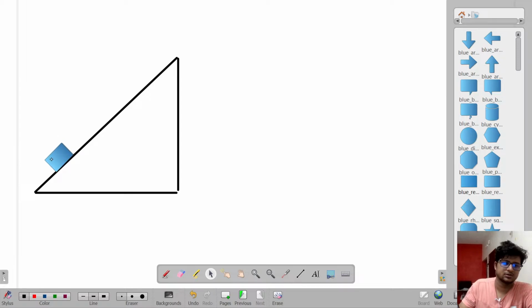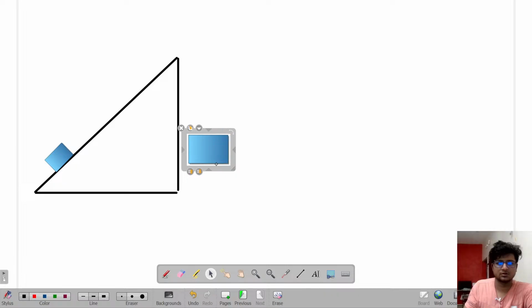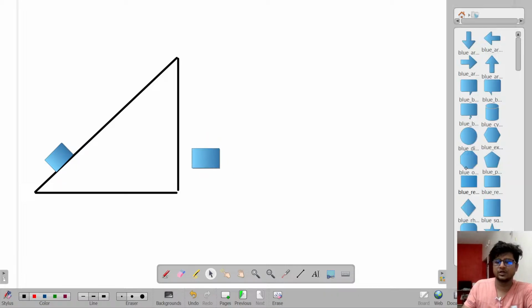Let's suppose there is a block attached over here. Another block is over here. And then there is a pulley over here.